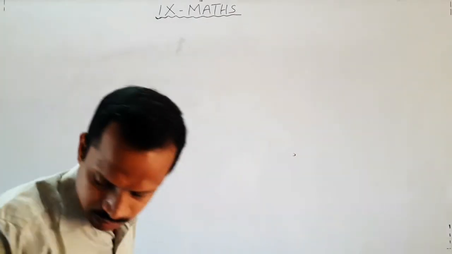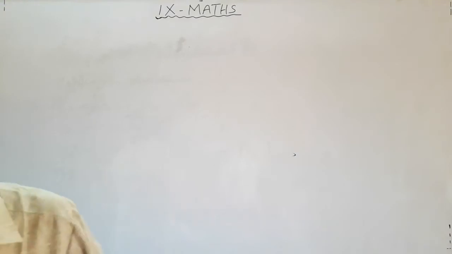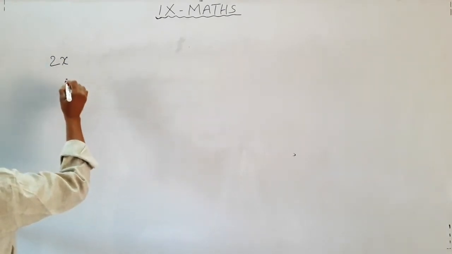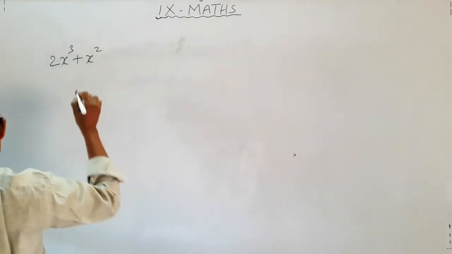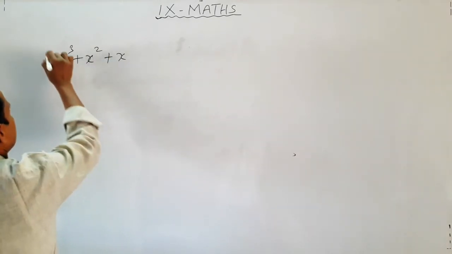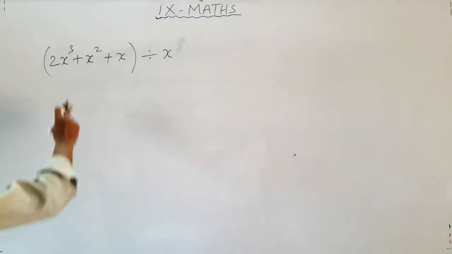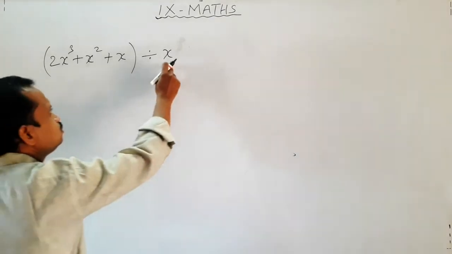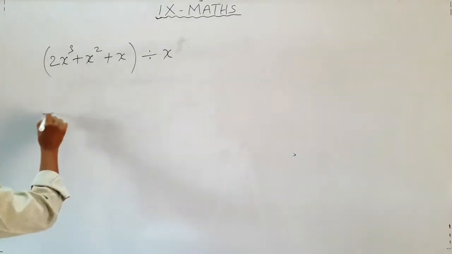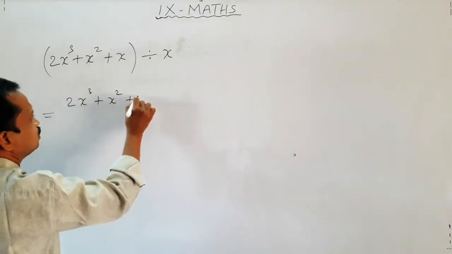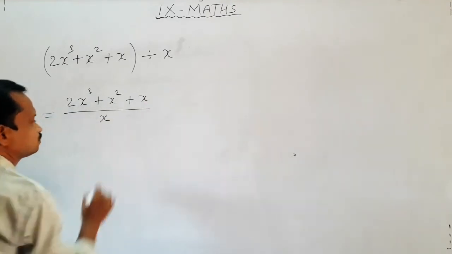And now, when we come to a polynomial divided by another polynomial, for example, 2x cube plus x square plus x. So this is a polynomial divided by another polynomial x. That means here there are 3 terms, and this is a monomial. So when we divide, what happens? You can write like this: 2x cube plus x square plus x whole divided by x.